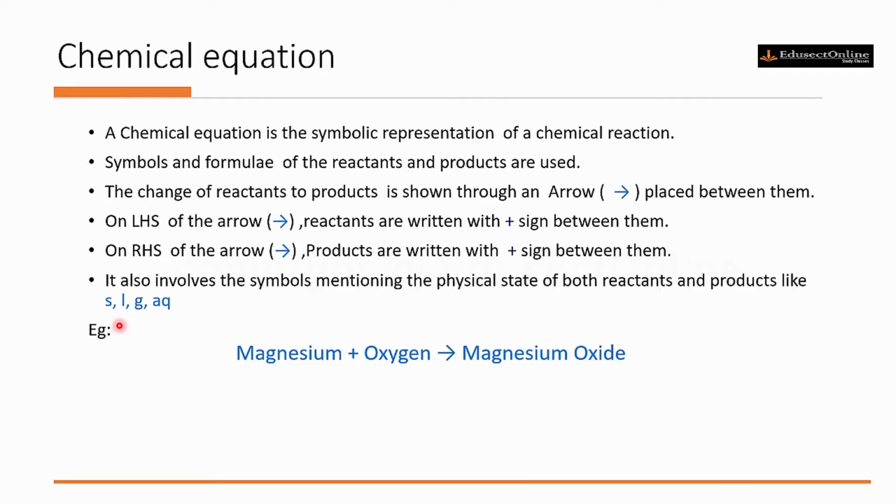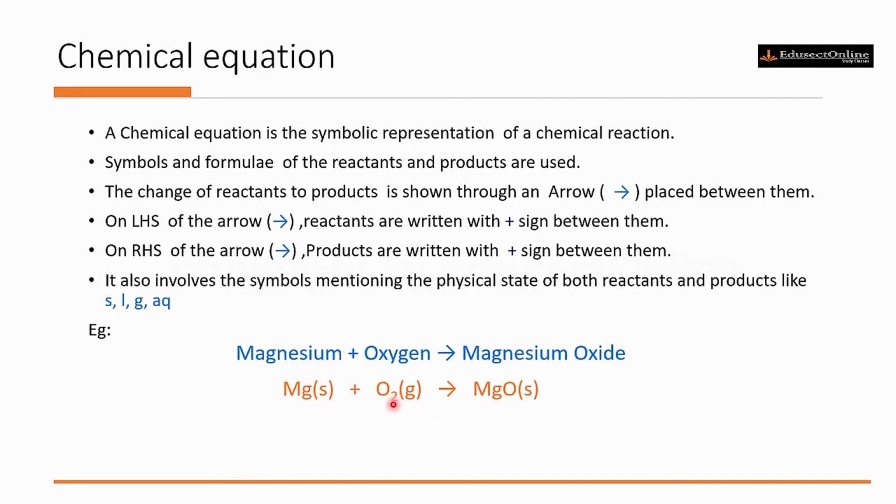We can see one example. Magnesium reacts with oxygen to produce magnesium oxide. This chemical reaction can be represented in the form of this chemical equation. Here the formulas of magnesium, oxygen and magnesium oxide are used: Mg, O2 and MgO.